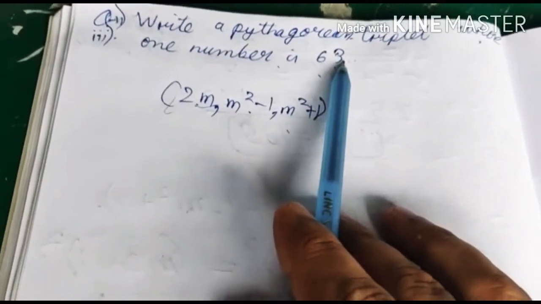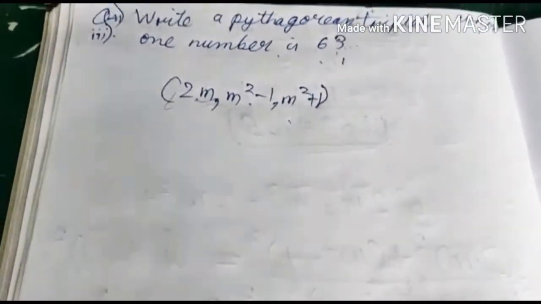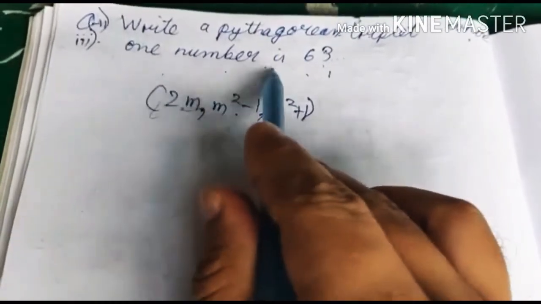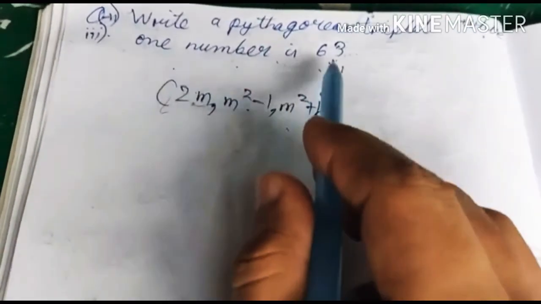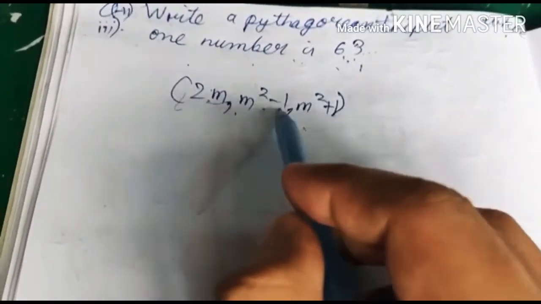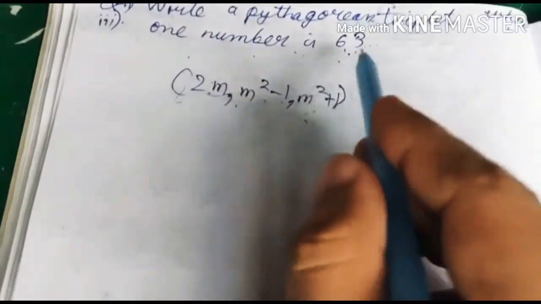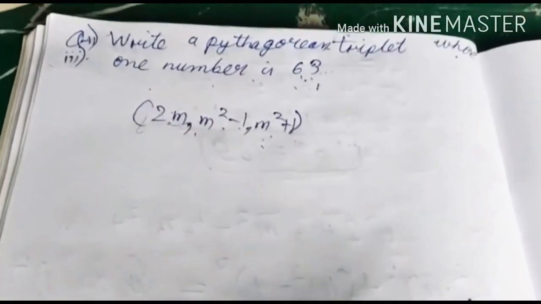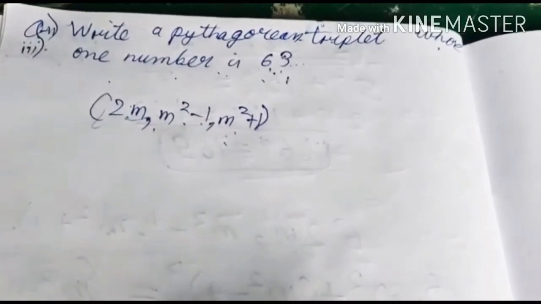That means one of the numbers is 63: 2m can be 63, m square minus 1 can also be 63, m square plus 1 can also be 63. We don't know which actual number is 63.